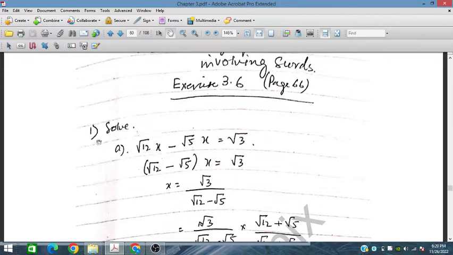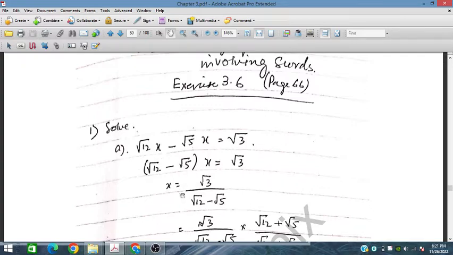We are given 1a: under root 12 x minus under root 5 x is equal to under root 3. So we take x as common, so x times (under root 12 minus under root 5) is equal to under root 3, so x is equal to under root 3 divided by (under root 12 minus under root 5).